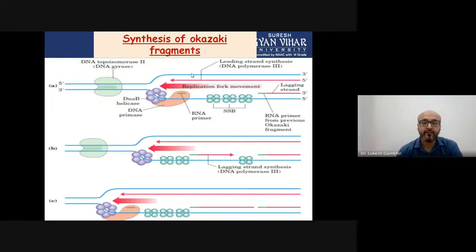Let us see what exactly I meant by the problem. This blue line I am representing as the template DNA, 5' to 3', and the opposite strand is antiparallel, 3' to 5'. When I said synthesis can only happen in the 5' to 3' direction, see, this is a replication fork performing the function.